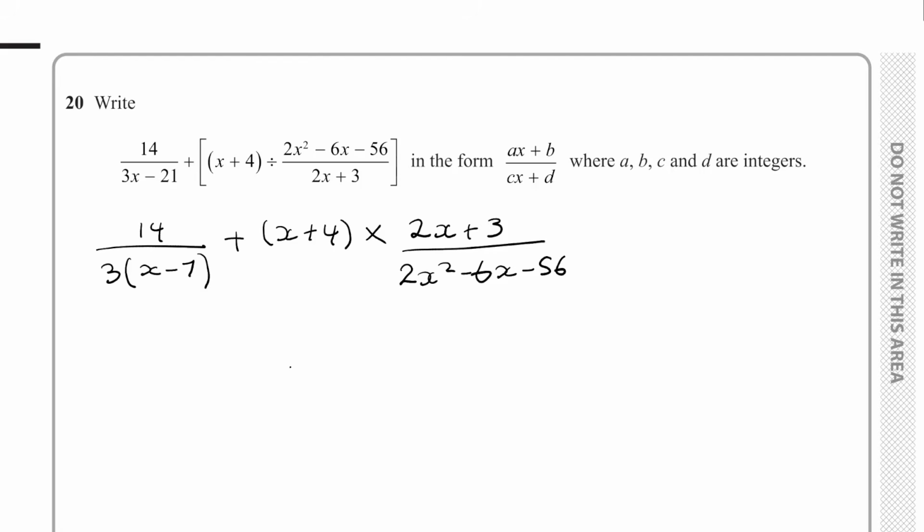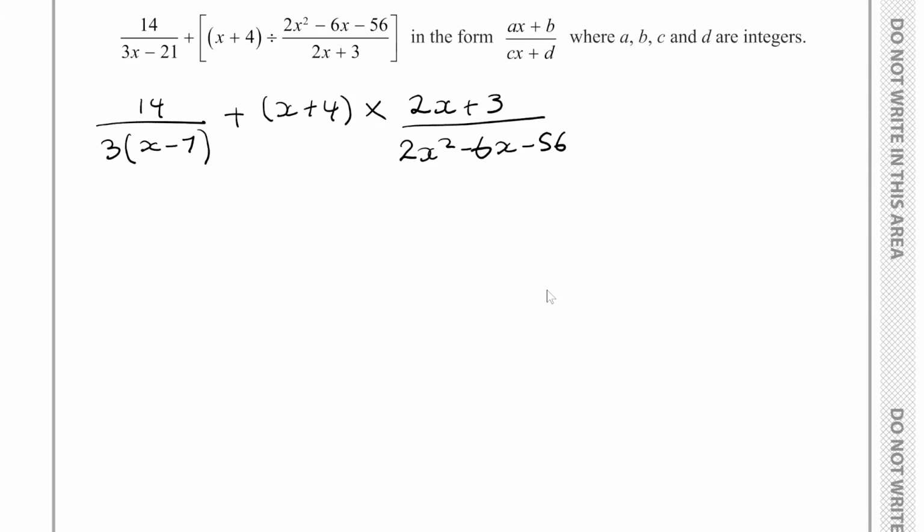So I've got 2x squared minus 6x minus 56, but I want to factorize. I'm going to factorize out a 2 first. I don't really want to write it all out again. So I'm going to write 2 times (x squared minus 3x minus 28).